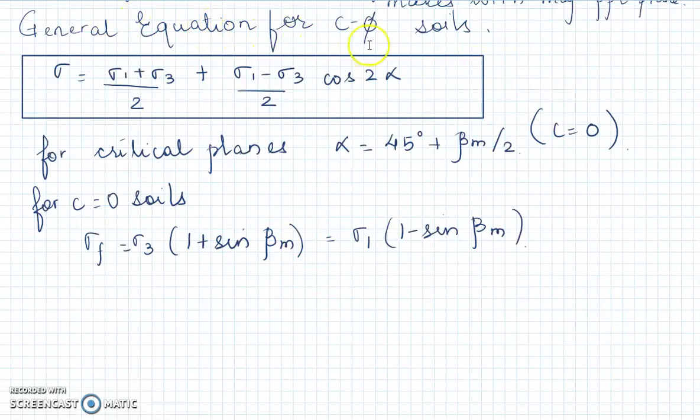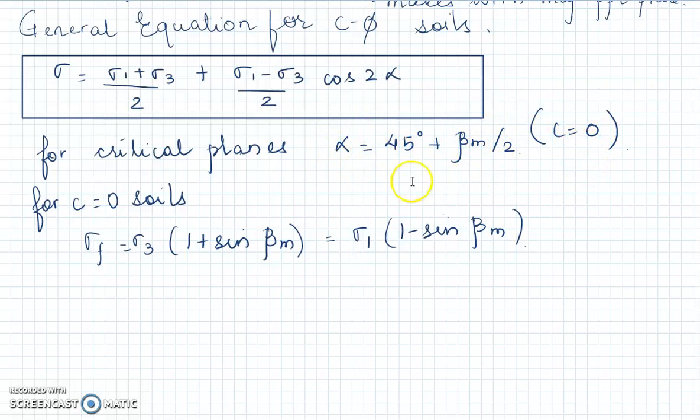The general equation for c-phi soils says sigma is equal to sigma 1 plus sigma 3 by 2 plus sigma 1 minus sigma 3 by 2 cos 2 alpha. So far we have only been discussing c equal to 0, that is cohesionless soil. The alpha value that we got, 45 plus maximum obliquity by 2, is also applicable for c equal to 0.